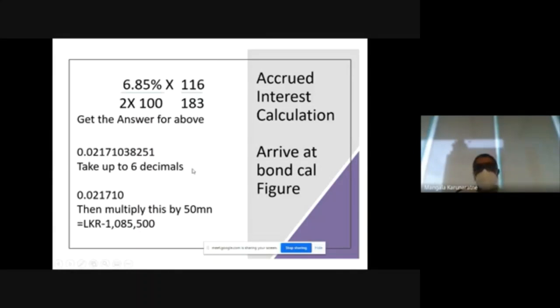So bond cal is programmed to handle this kind of situation and get the exact figure, because for the figures you arrive at from the calculations, you can't negotiate. You can't say no, it should be 550, since it's 519, you pay me 525.